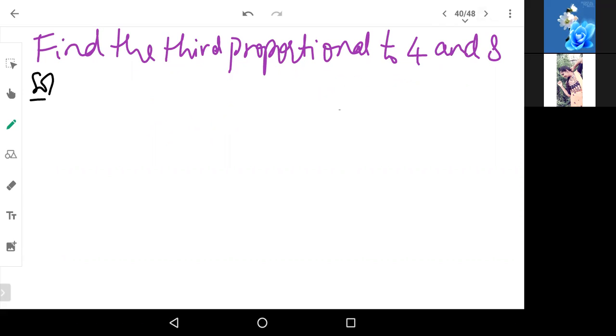Now try and solve this problem. Find the third proportional to 4 and 8, like how we solved the previous question. Similarly, solve this also. Use the same formula, b is equal to square root of a into c. Very good, Anusha. Right answer.